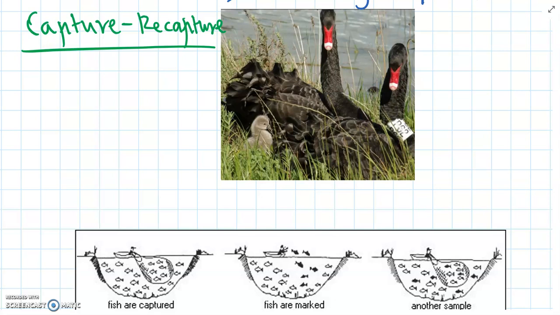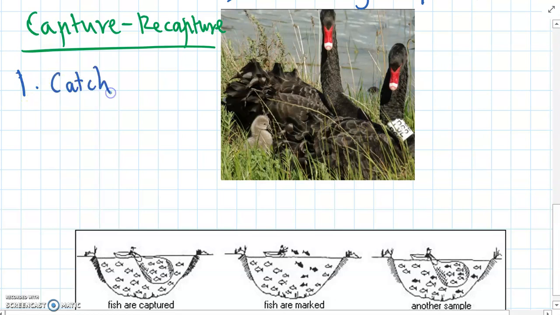Often it's really big nets that don't tangle up the animals, or it's cages, but they release the animals as soon as they can, so the animals don't get too traumatized. And then they put a tag of some sort on the animals.